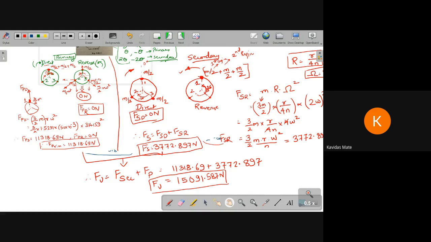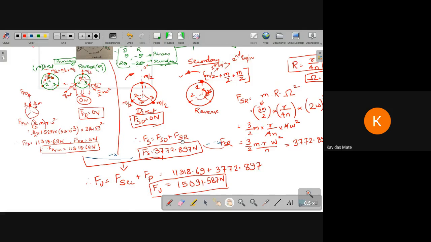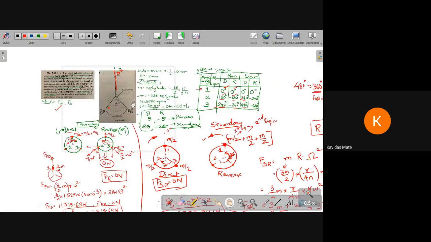So what you should always remember is, from the word problem, draw the diagram, then write the given data. This is the important step number 1, finding the angles for direct and reverse for primary and direct and reverse for secondary. For that one, you can use this particular relation.